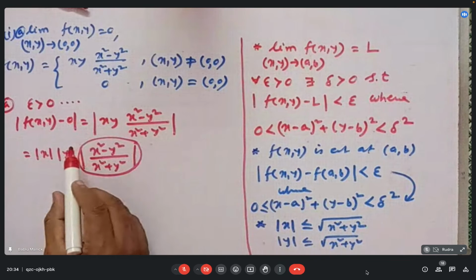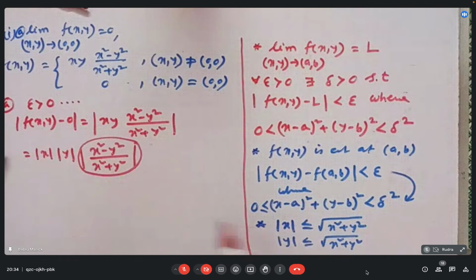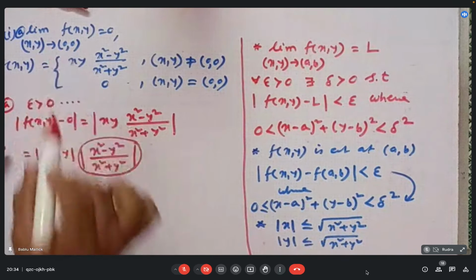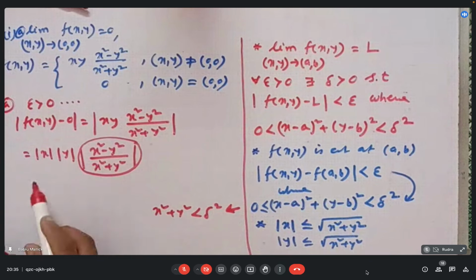Look, our aim is to find delta. Obviously here the point is (0, 0), so delta will be from x² + y² less than delta². So anyhow I have to find an expression in terms of x² + y², and then we get this relation.